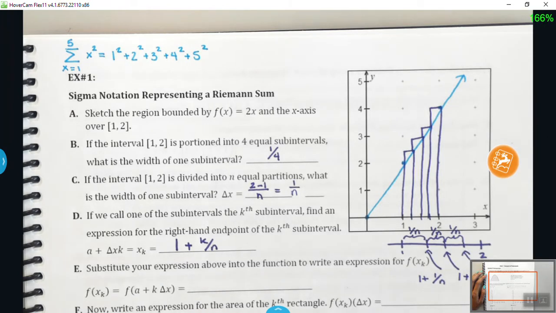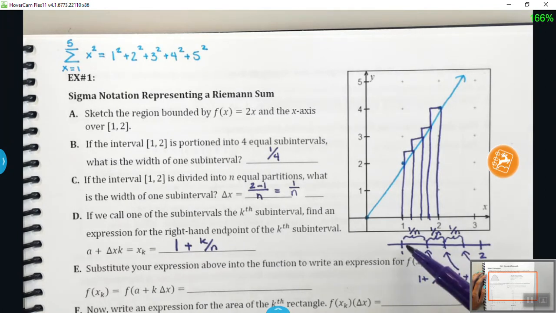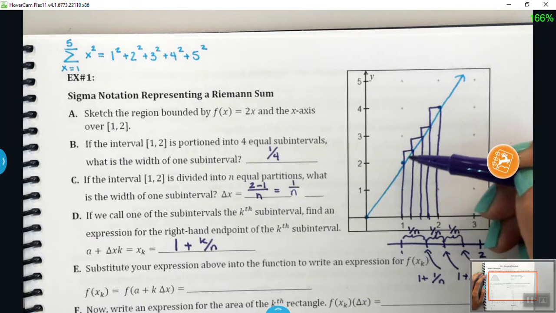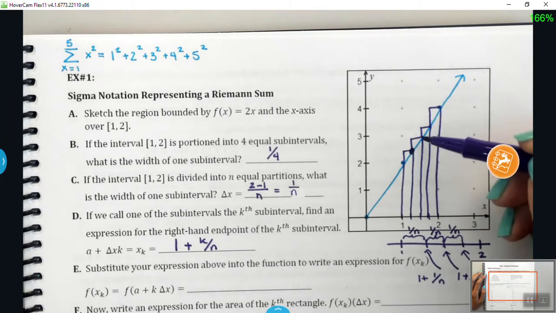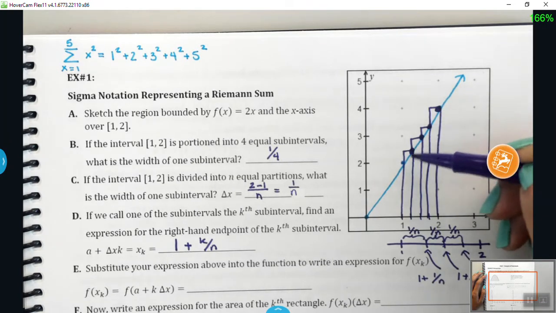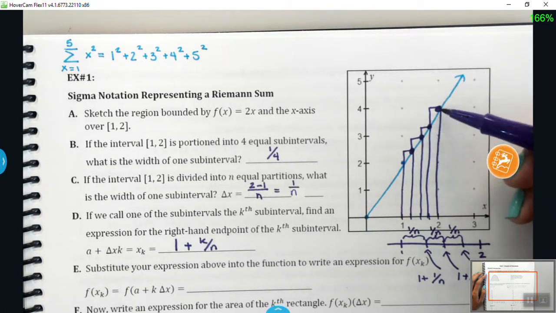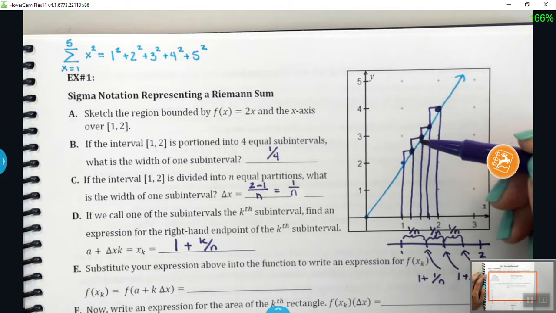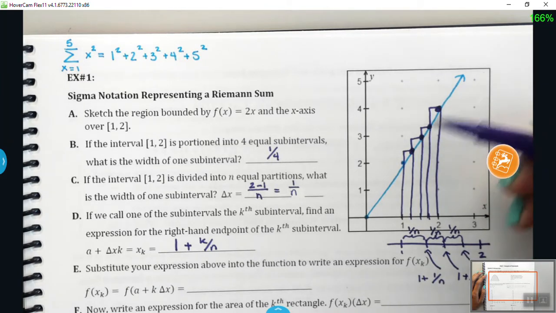All right. Now, after we find the width of each subinterval to get us to those locations, I need to know how high I go. So how do I figure out this point and this point and this point? They all lie on what graph? The 2x graph, right? Yeah?